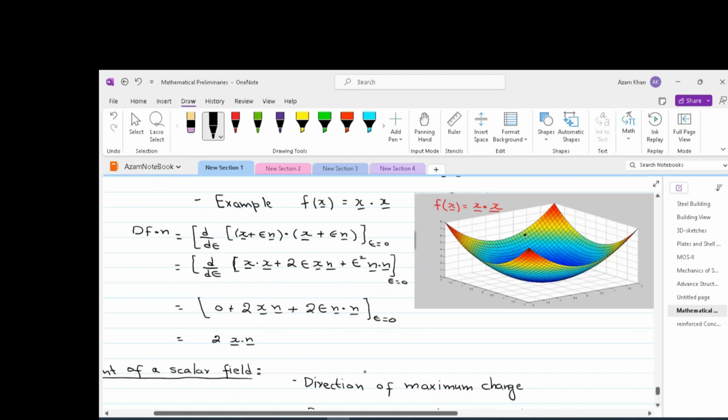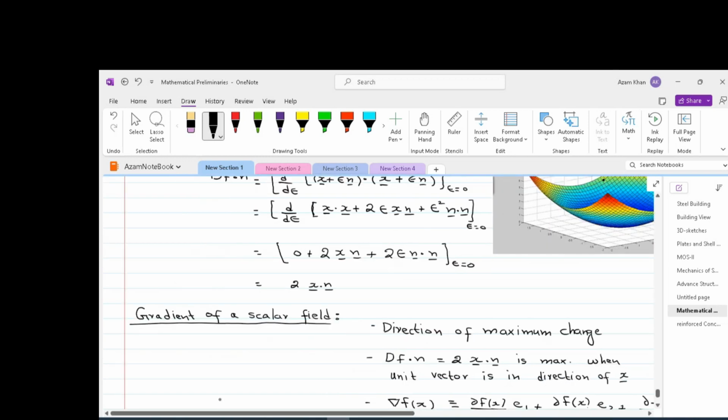From our dot multiplication of vectors, we know that if we take the dot product of two vectors and we are interested in finding the maximum value of the scalar, we have to make sure that the angle between both of them is 0. So in other words, if this unit vector is in the same direction as this vector x, that will give us the maximum rate of change. All the other directions will have a smaller rate of change.